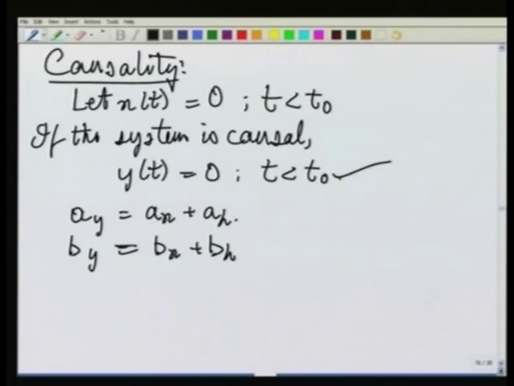Fine. Now, our concern is with the left side limit of the support, that is t naught. In this case, a_x equals t naught, and we require, since the system is causal, that a_y must be greater than or equal to t naught.